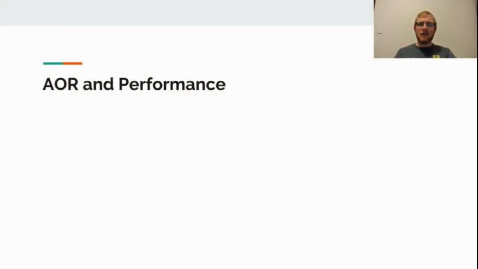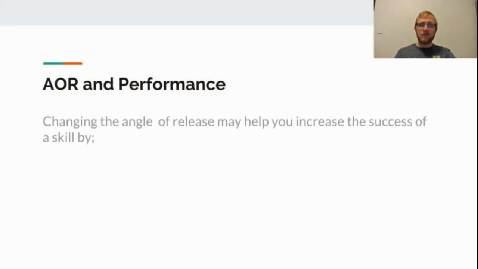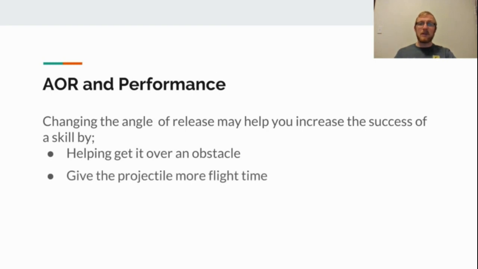So how does angle of release affect performance? Changing the angle of release may help you increase the success of a skill in the following ways. It might help you get the projectile over an obstacle. It might give the projectile more flight time if that's what your skill needs.